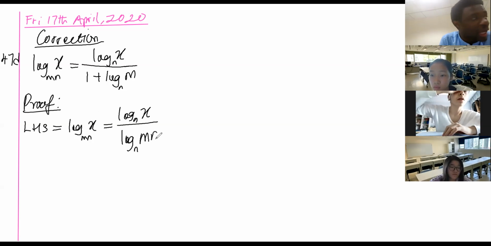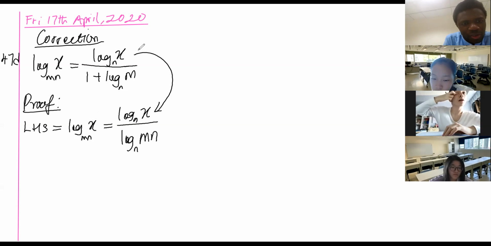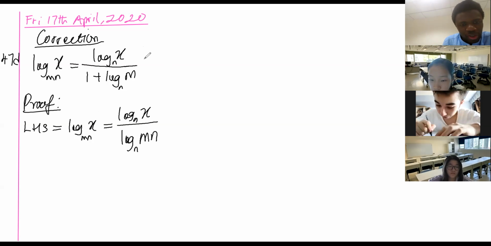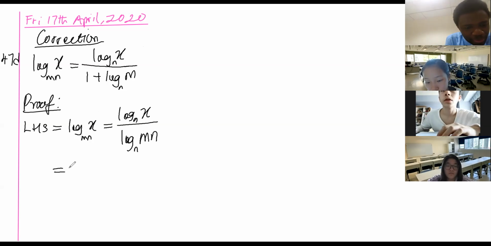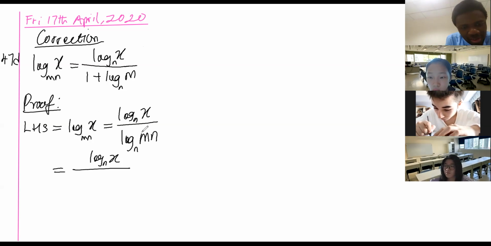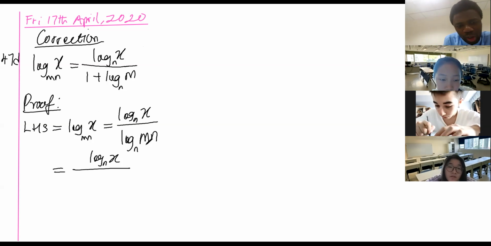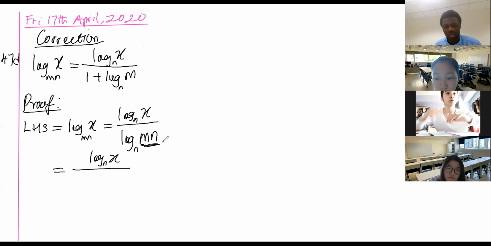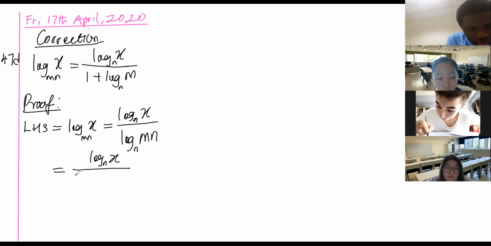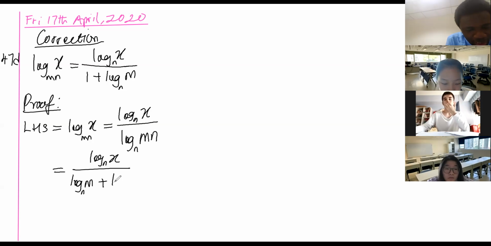All right, so this will be mn. Okay, so if you look at it, the top number looks good, so we only need to deal with the second number. If you have products, it must have been the addition of two logs. So this must have been log to base n of m added with log to base n of n.